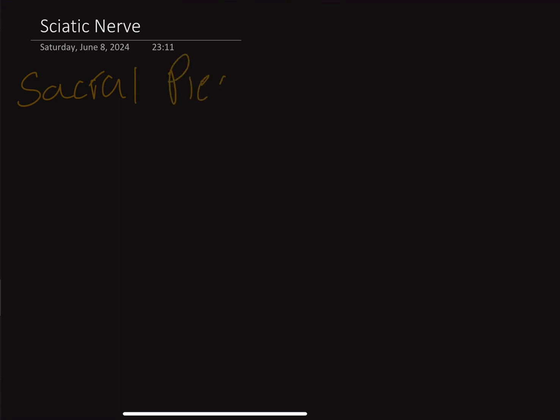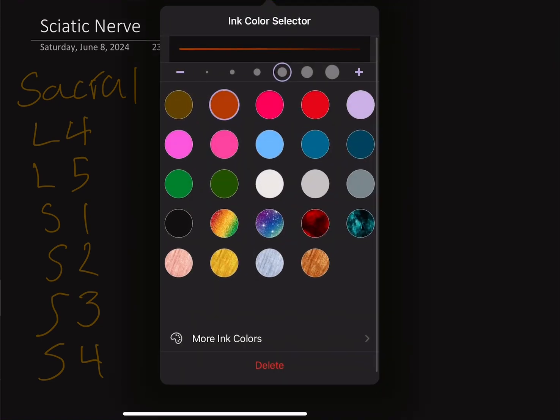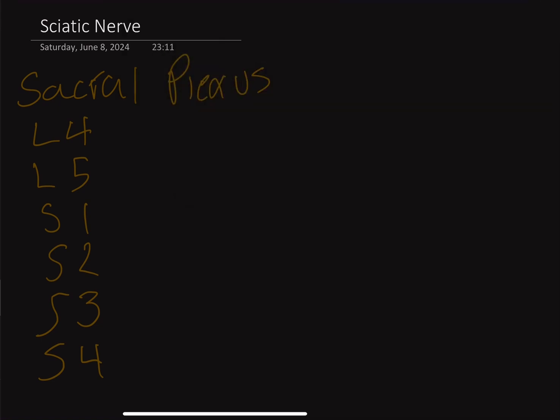The sacral plexus runs from L4 to S4, right? And the sciatic nerve is made of two branches.